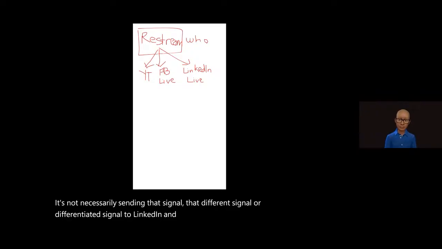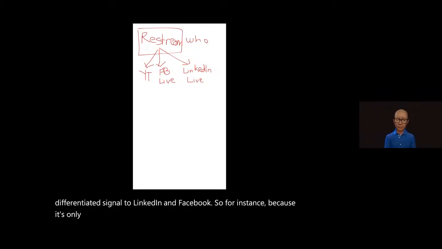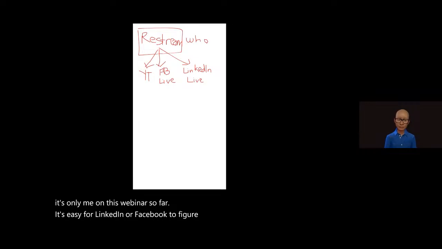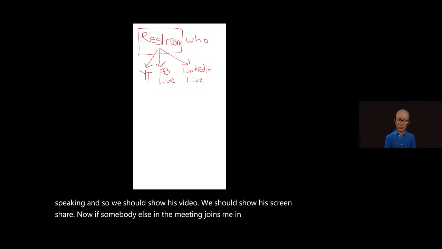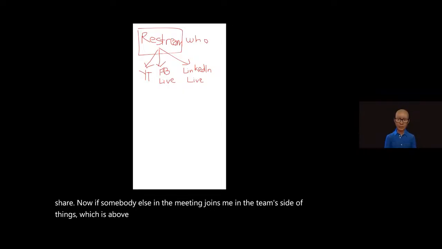So for instance, because it's only me on this webinar so far, it's easy for LinkedIn or Facebook to figure out, okay, Satya, my avatar, is speaking, and so we should show his video, we should show his screen share. Now, if somebody else in the meeting joins me in the Teams side of things, which is above Restream, so in this example, we're actually using Teams.